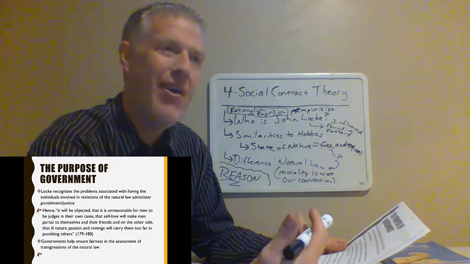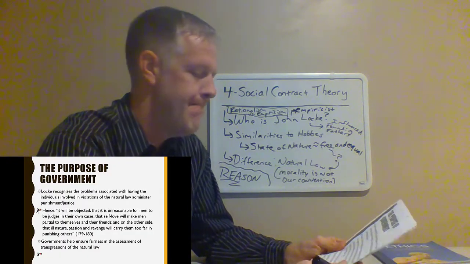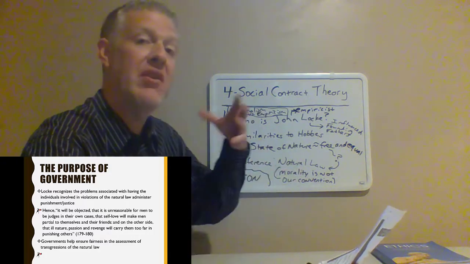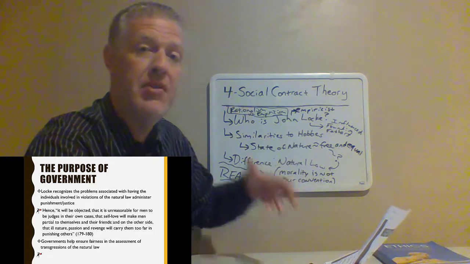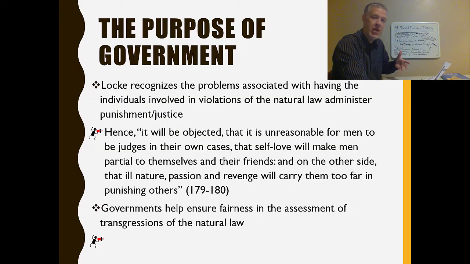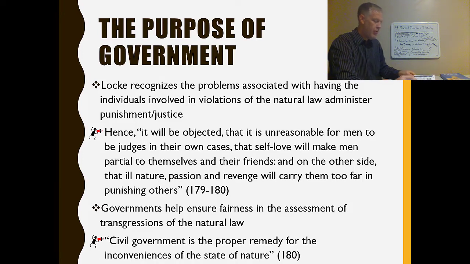Again, we have our biases. We're not perfect. So governments are going to help ensure, by forming social contracts and then having sovereigns or governments in place to enforce them, fairer interpretation, judgment, and enforcement of the natural law. As he says on 198, quote, civil government is the proper remedy for the inconveniences of the state of nature.